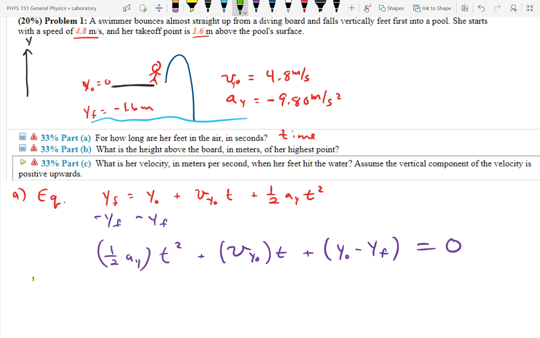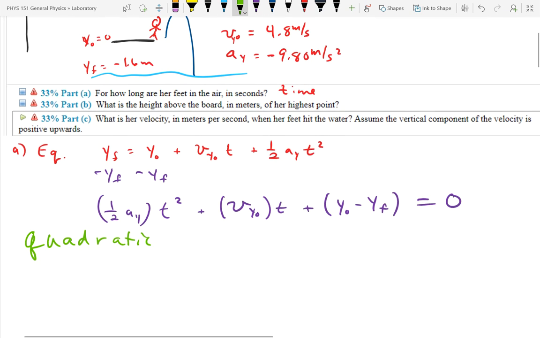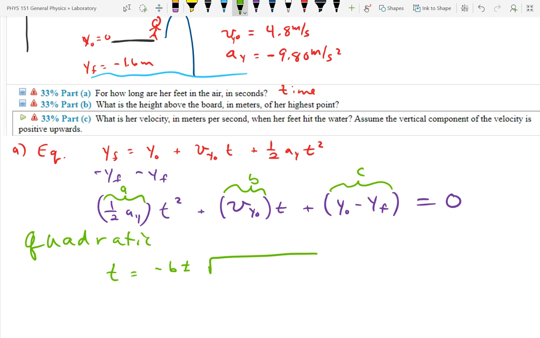I'm going to write something here first. This is quadratic. And so we use our quadratic equation to say that t equals, if we were to put symbols, this thing here in parentheses would be a, which is confusing because I have ay within my a, and this would be b, and this would be c, and t is going to be equal to negative b plus or minus square root of b squared minus 4ac all over 2a.